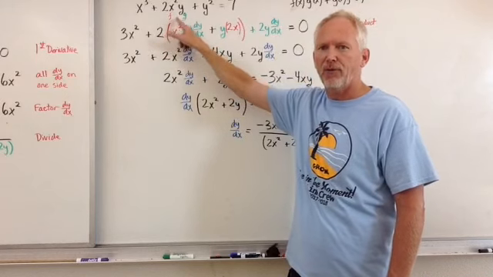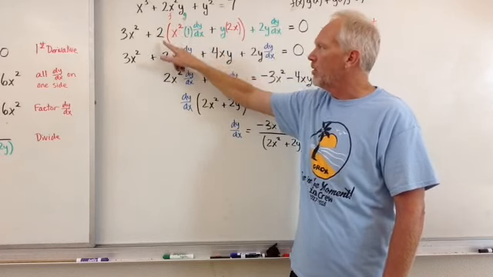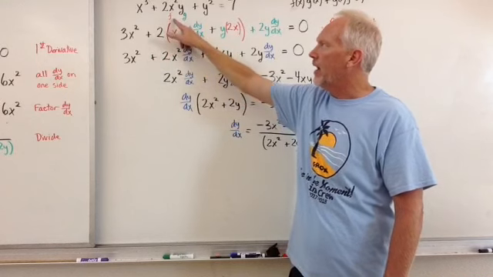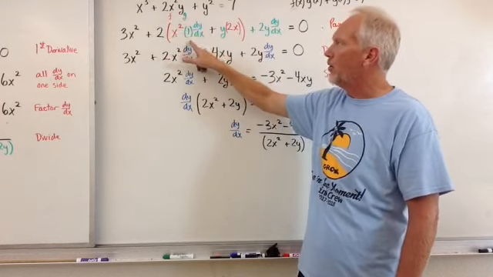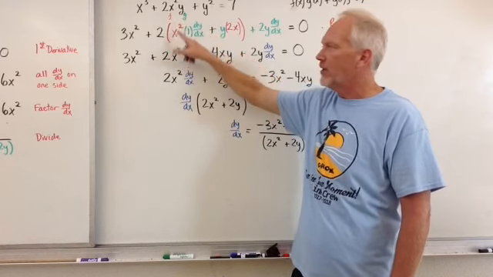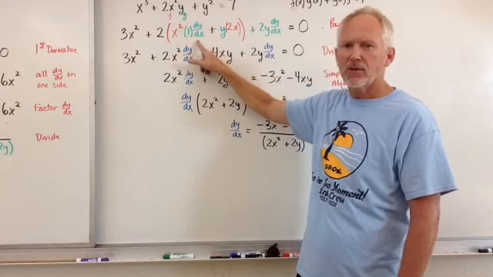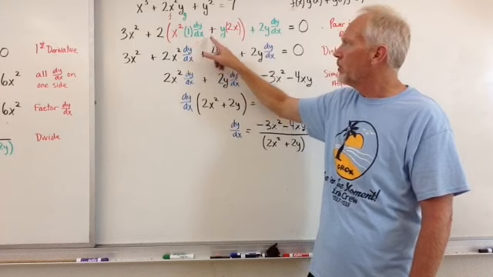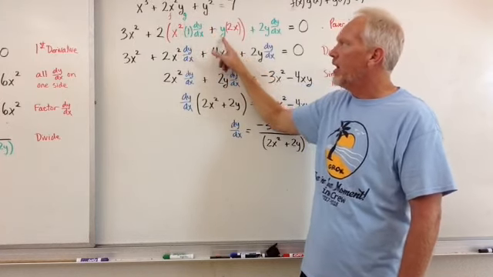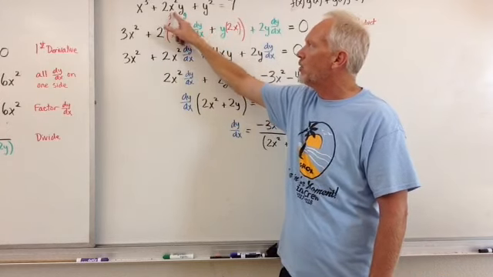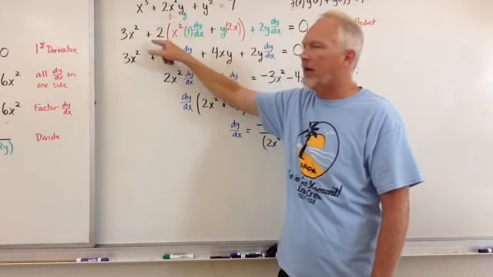I labeled each one f and g. So 2 again is on the outside. F is our x squared, and g will be our y. So the derivative of y is just 1 times dy/dx, plus g, which is just y, and then the derivative of x squared. Remember, I took the 2 away.